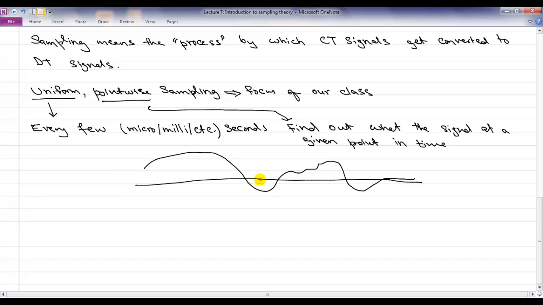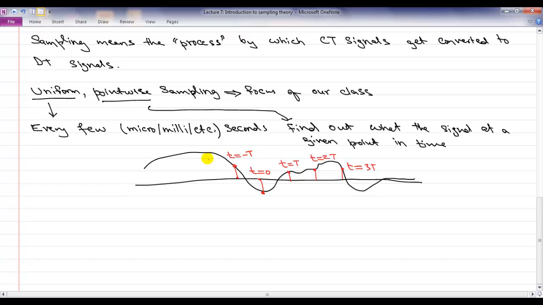It basically asks what is the signal value at t equal to 0, and then it asks that same question again after capital T seconds. Okay, so it asks at t equal to capital T, it asks at t equal to 2T, t equal to 3T. And it would have asked the same thing even in the past.